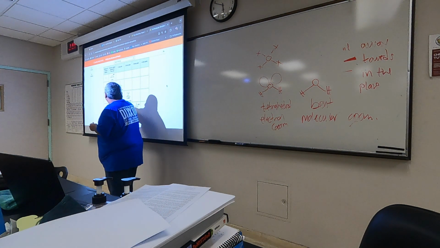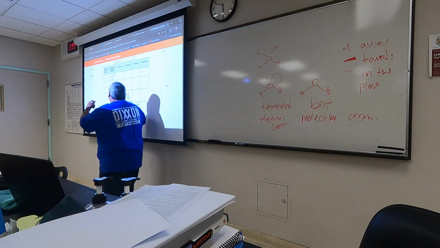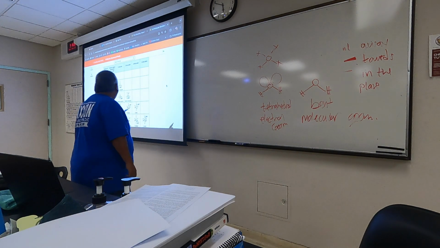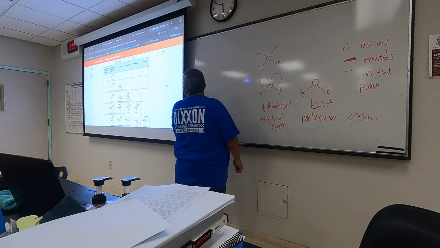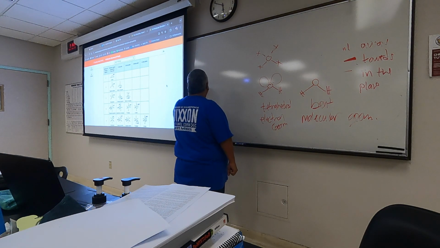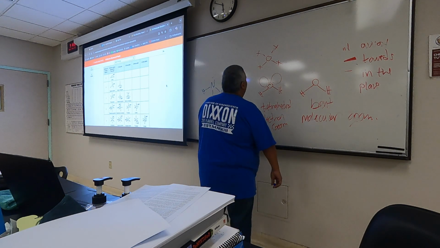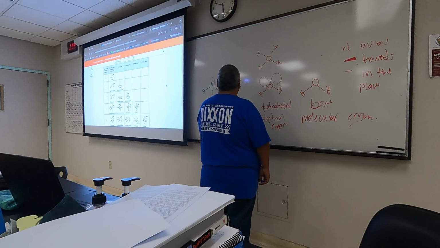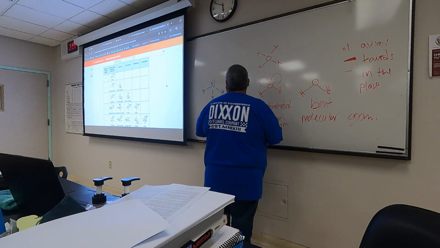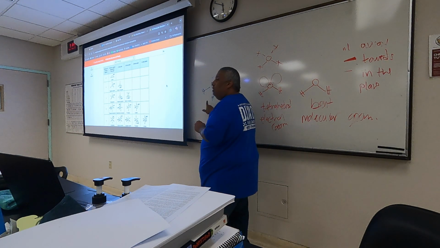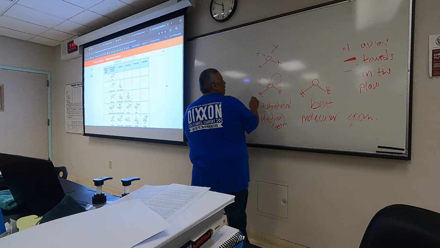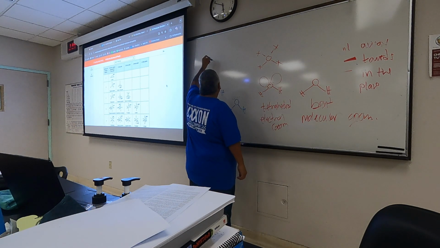We're going to take a look at these two here. Trigonal pyramidal and bent. So this, let's see, tetrahedral.